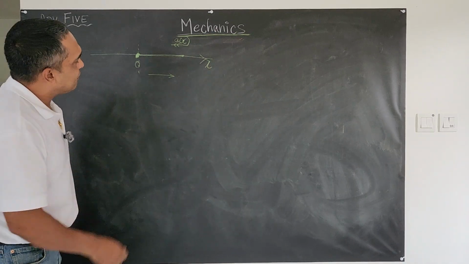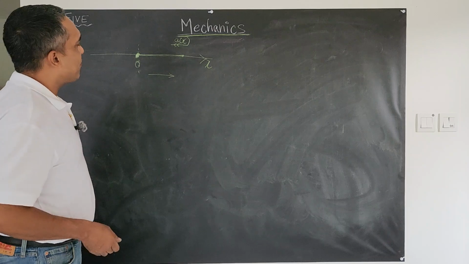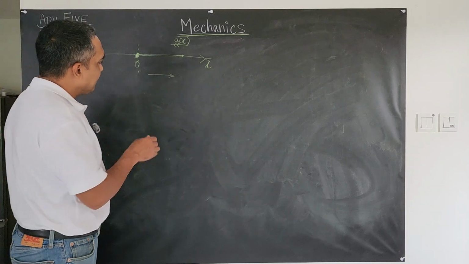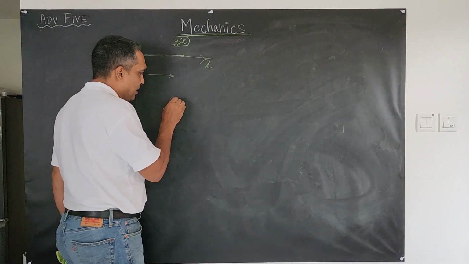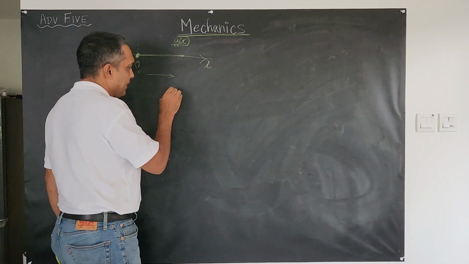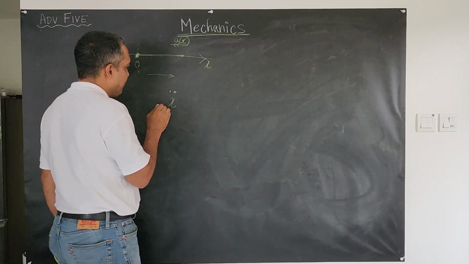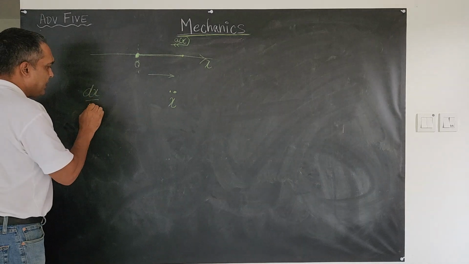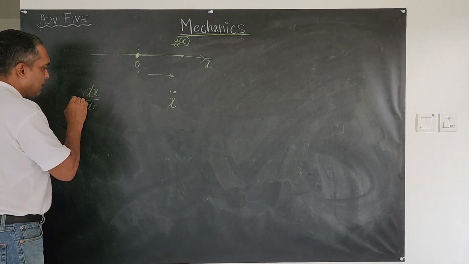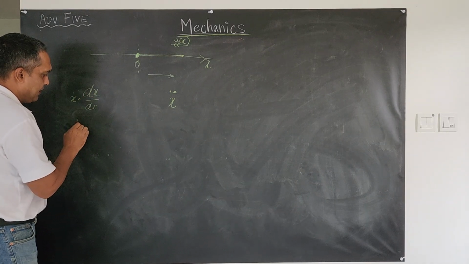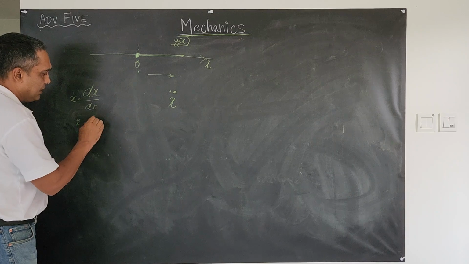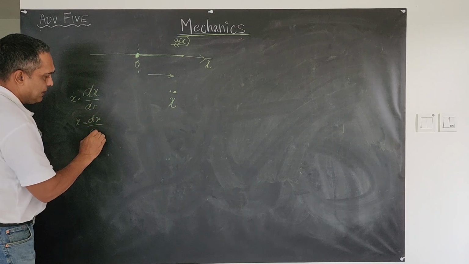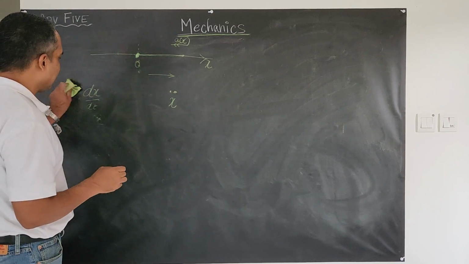But if I just looked at this situation for a moment, I would be able to say that acceleration, which is x double dot, right? Because we know dx by dt is x dot, and then x double dot is equal to d of x dot by dt. You know all that calculus, so I'm not going to get there.